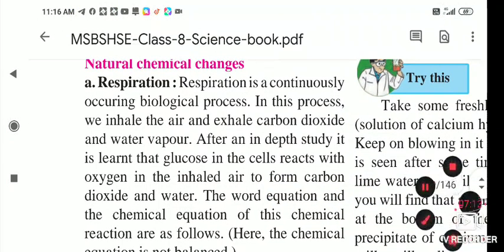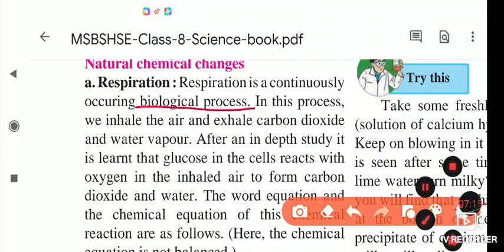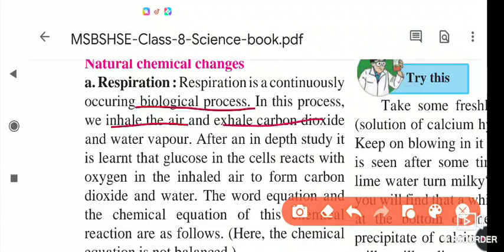So we see here the respiration. Respiration is a continuously occurring biological process. In this process we inhale air, meaning we take oxygen into our body, and we exhale carbon dioxide and water vapors.